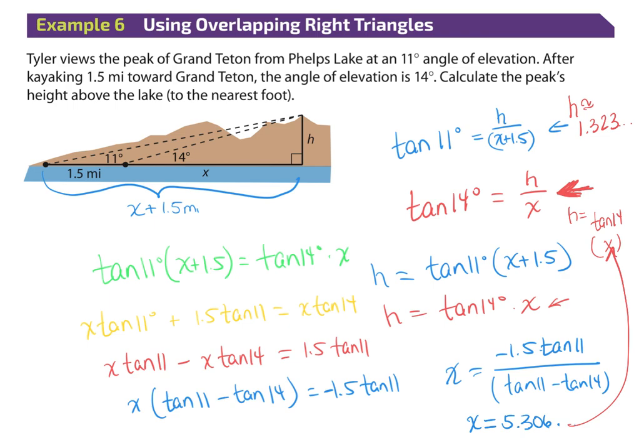That is in miles, and they want it in feet. So you do need to multiply that by 5,280 feet in 1 mile, which gives you, to the nearest foot, 6,985 feet.